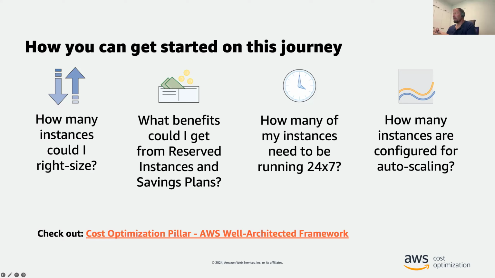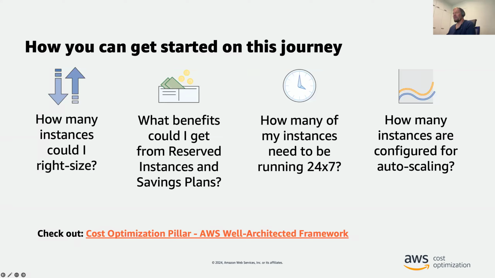And of course, auto scaling, that will help you if your workloads are fluctuating, going up or down. And I do recommend taking a look at the cost optimization pillar white papers. It will give you a really nice view into how to think about cost optimization.